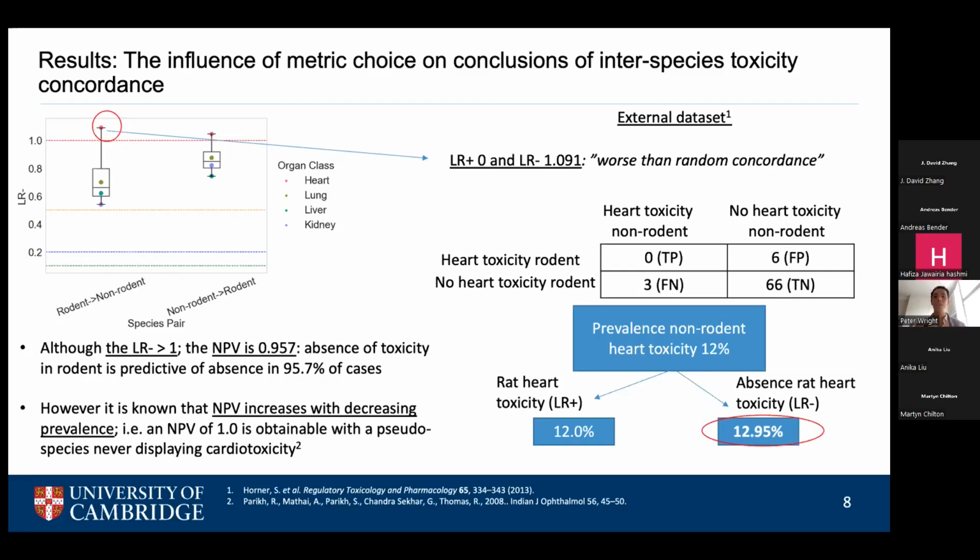However, when using such metrics, we must remember that predictive values like the negative predictive value increase with the decreasing prevalence of the finding in the predictive species. For example, a negative predictive value of 1 is obtainable with a pseudo species which never displays cardiotoxicity. So the likelihood ratios are generally a better type of metric for quantifying concordance.